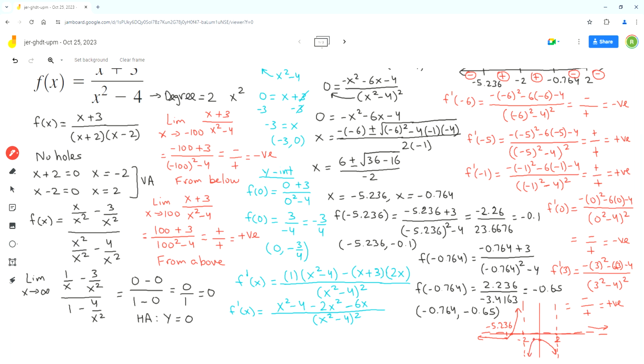So this is our critical point. And then on the right side of the vertical asymptote, the function is decreasing and it's approaching the horizontal asymptote from above. So this can be the sketch of the function.